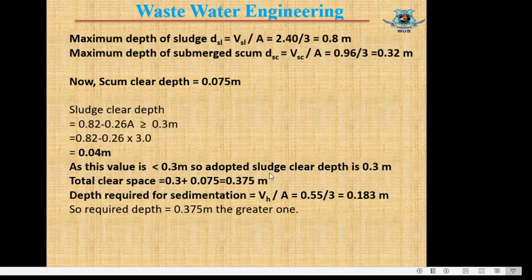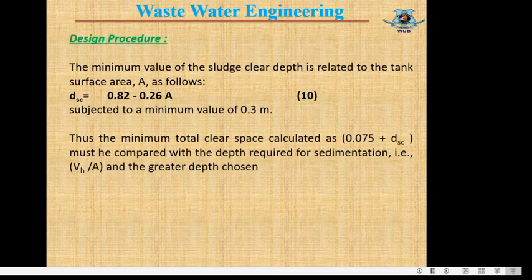So our adopted sludge clear depth equals 0.3. Let's see the formula for sludge clear depth from the design steps. This is the formula where I have picked DS equal to 0.82 into 0.26 A, and a minimum value of DS equal to 0.3 meter.